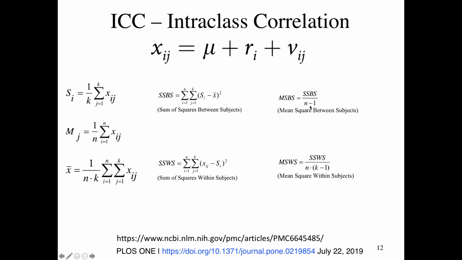And it's pretty straightforward. Remember these guys, SI and MJ, they were the means down along the side. Here, these are the means across a patient, and then these are the means down the column across for one observer, right?